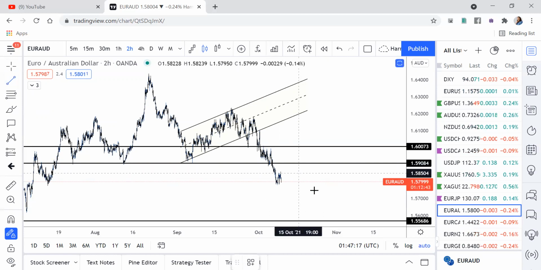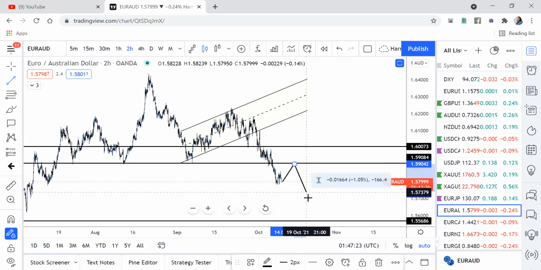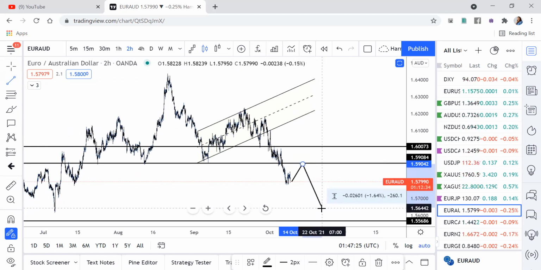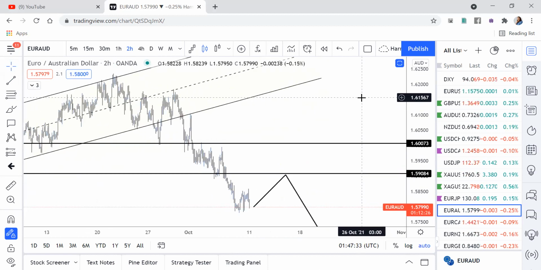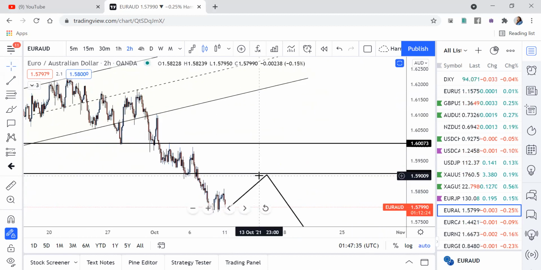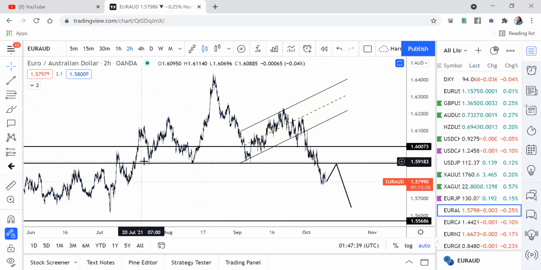So everybody know, once we get breaker structure, wait for the retest, and then we can continue to the downside. Right? So this is what we have to wait for. Wait for retest, then look to sell. Right? But we got a really nice breaker structure here. Wait for the retest and then look to sell.